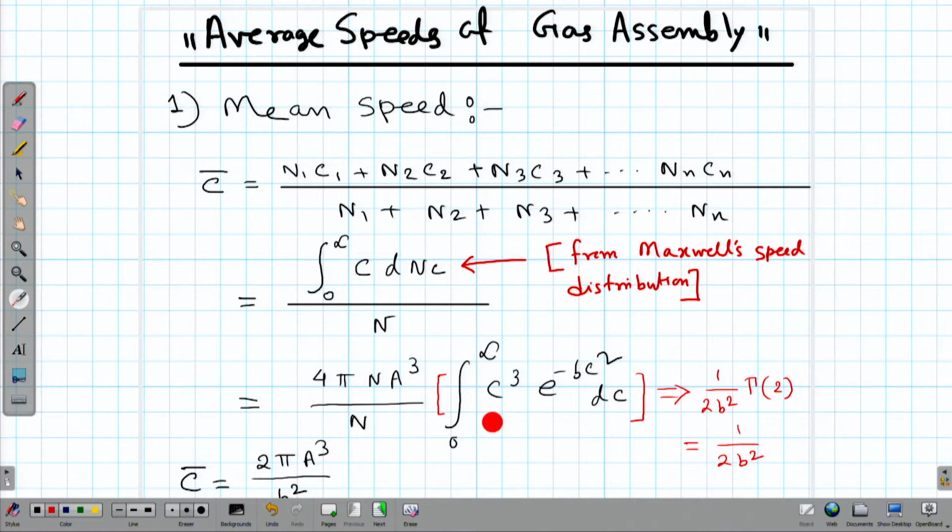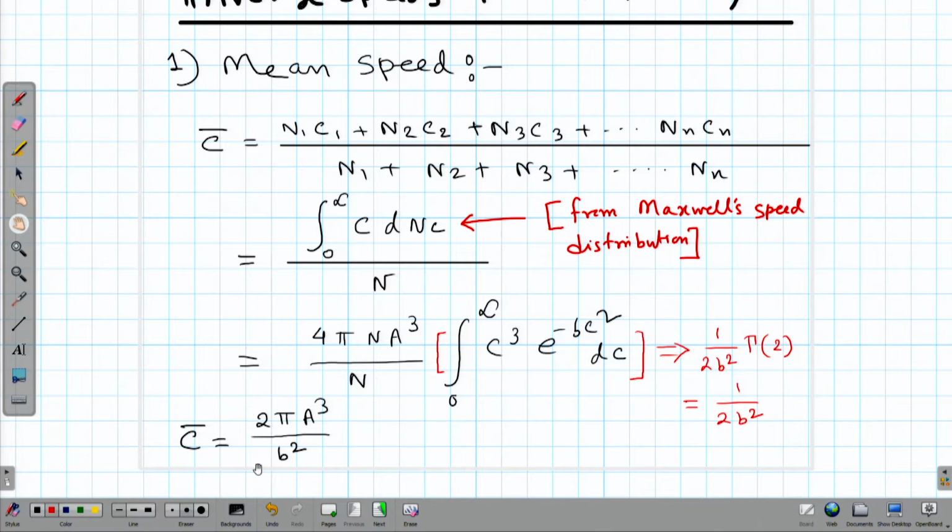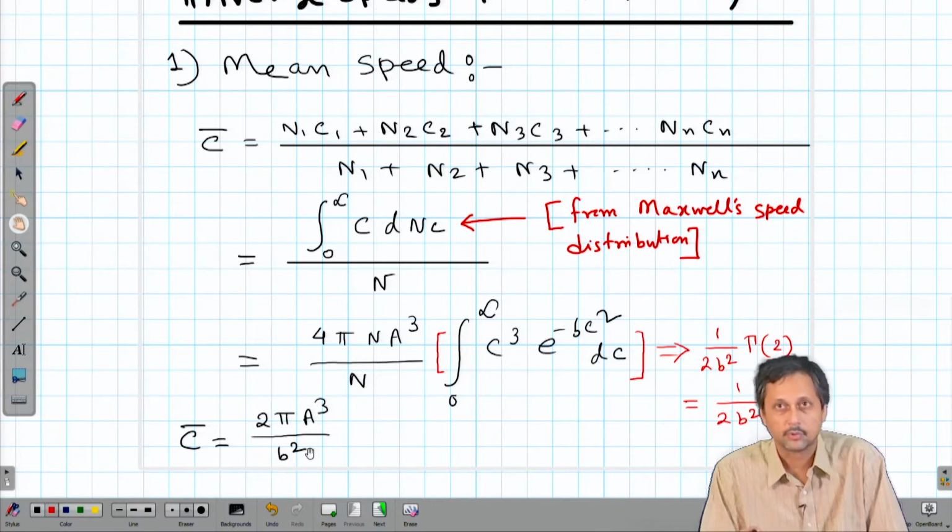Now, this integration can once again be brought into the form of a standard integral in terms of the gamma function, and this is nothing but 1 by 2 b square gamma 2, where gamma 2 is equal to 1. So, we have 1 by 2 b square. Once we substitute for this one, we have c bar, which is the mean speed, equal to 2 pi a cubed by b square.